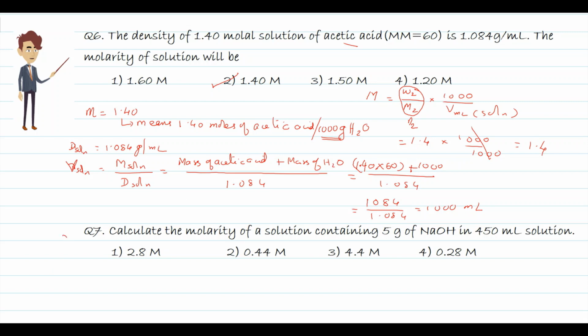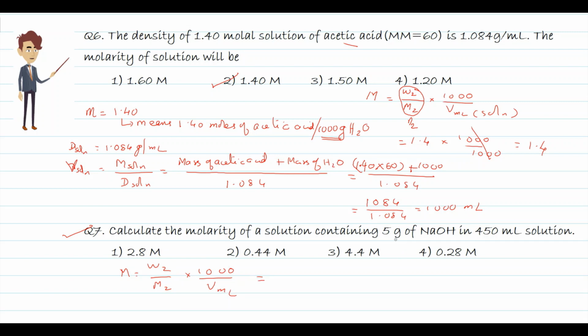Then moving on to question 7. Calculate the molarity of a solution containing 5 gram NaOH in 450 ml solution. It's a very simple problem. We can use the molarity equation directly. Molarity M is equal to W2 by M2 into 1000 by V ml. Everything is given.